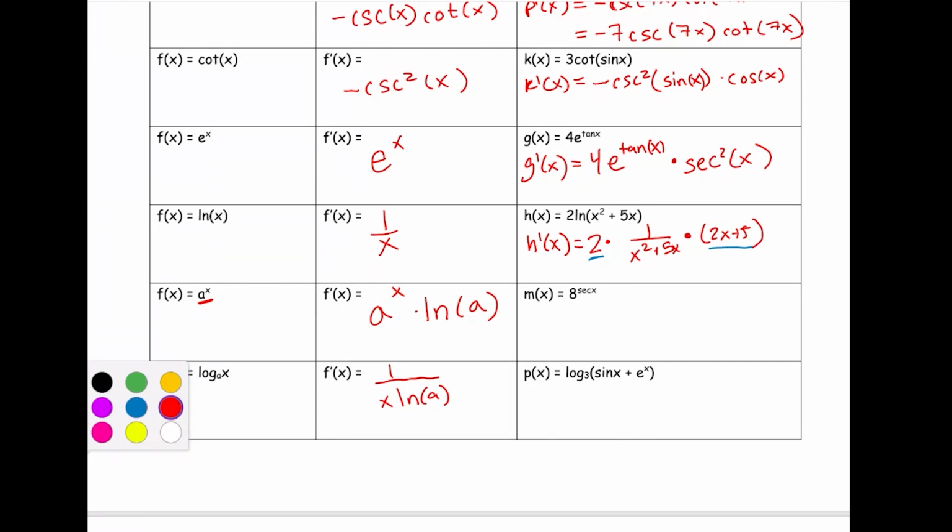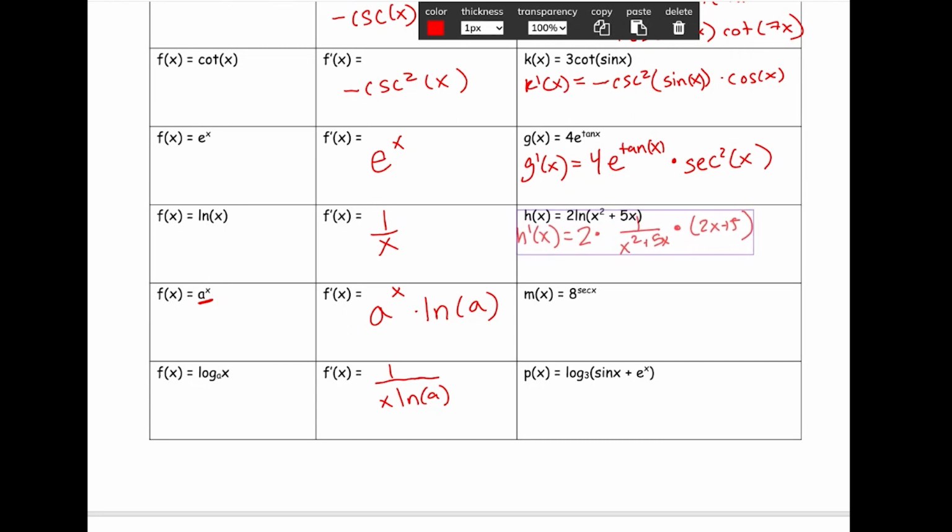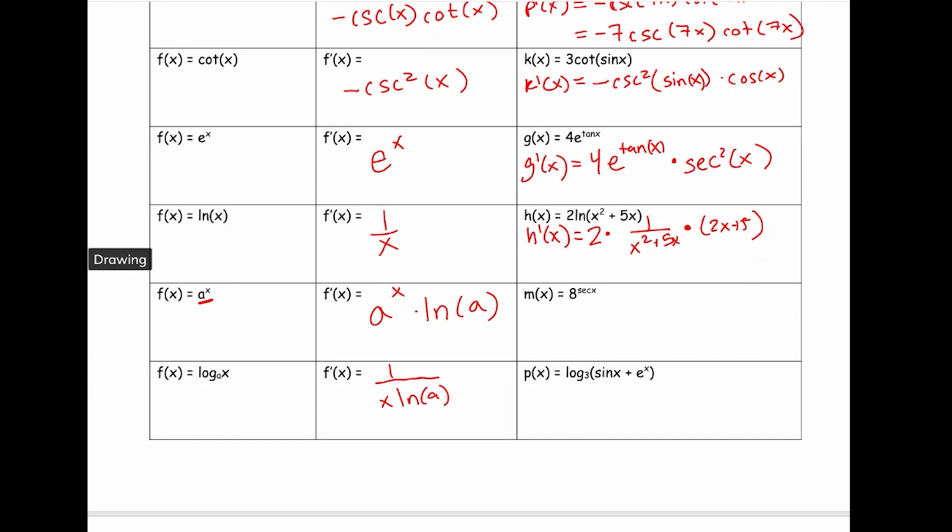So if we want to simplify this a little bit, I'll move this up to give myself a little more room. That's pretty good. And we could rewrite this as 4x plus 10 over x squared plus 5x. And I don't think we really need to take it any further than that.